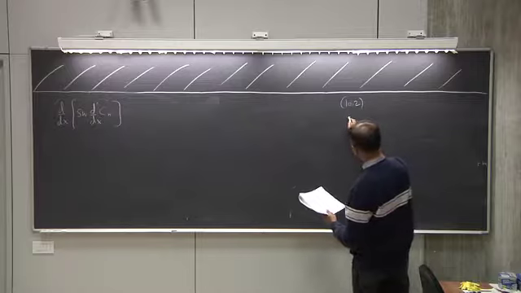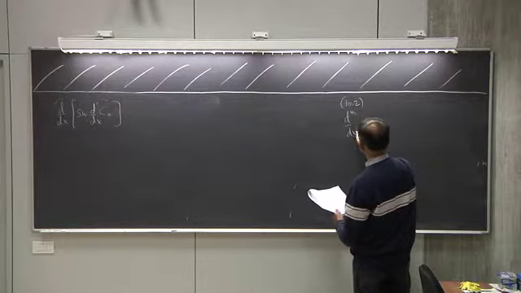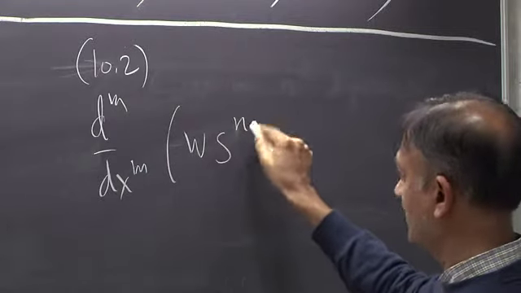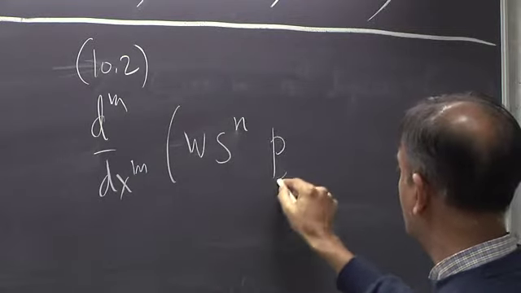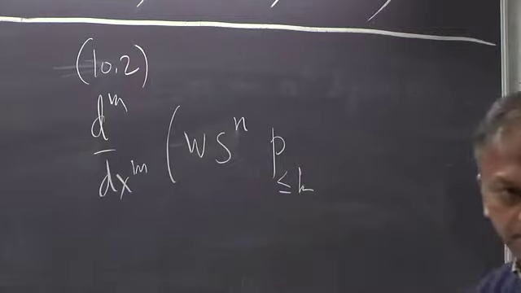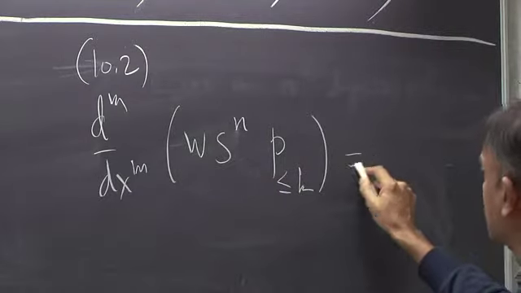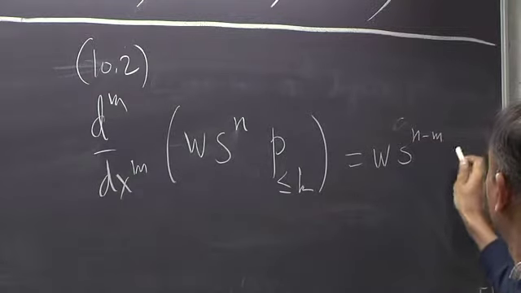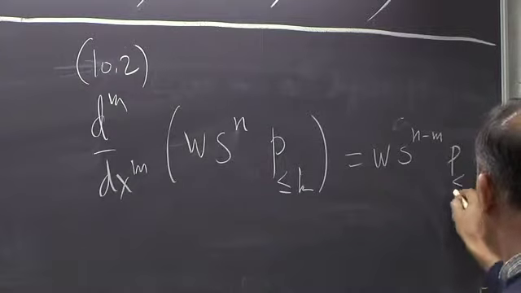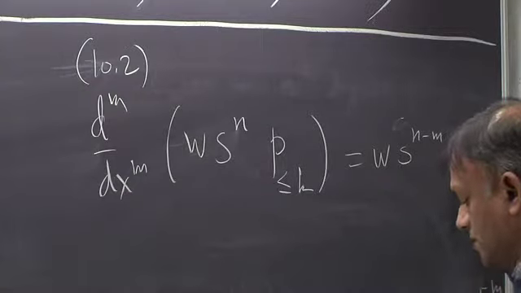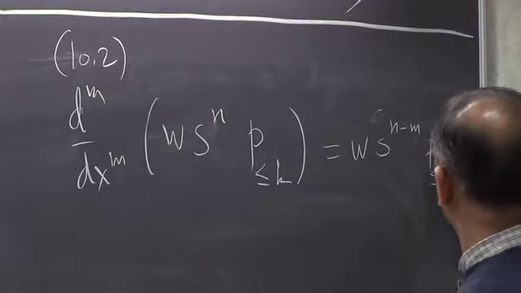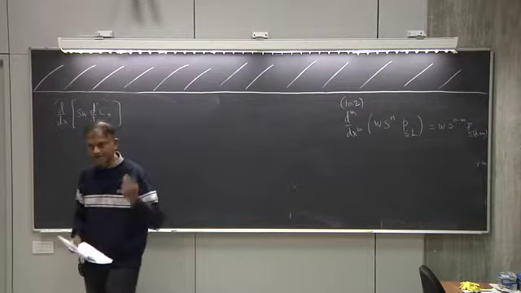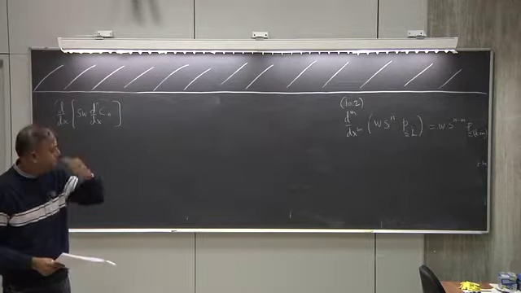If you look at it, the lemma was: the mth derivative, dm by dxm, of w s to the n times any polynomial of degree less than or equal to k, is equal to w times s to the n minus m times a polynomial of degree less than or equal to k plus m. This was one of the lemmas we proved in the very beginning of this discussion of Rodrigues formula.